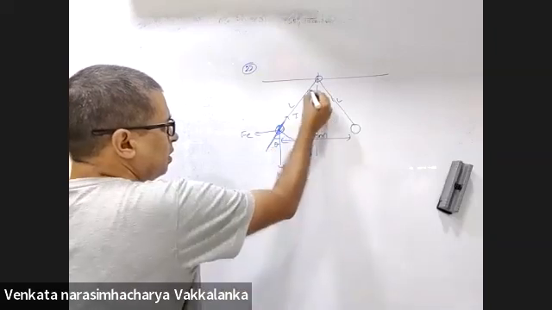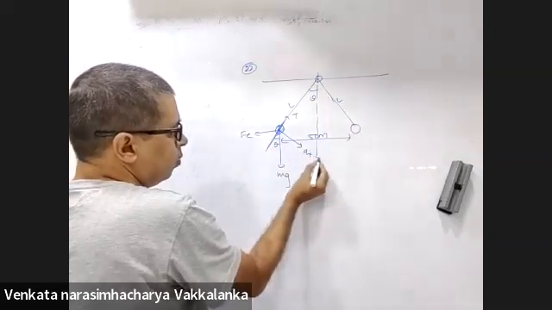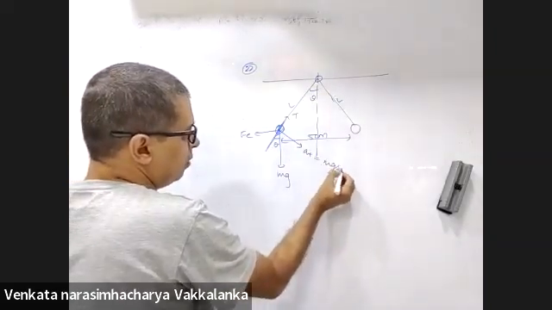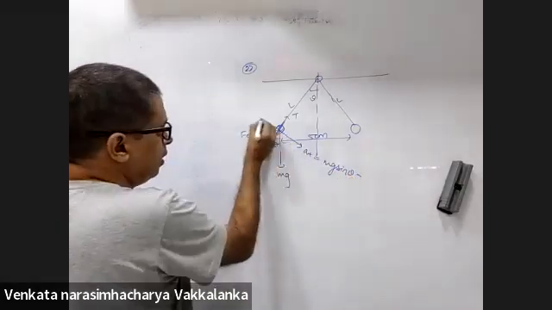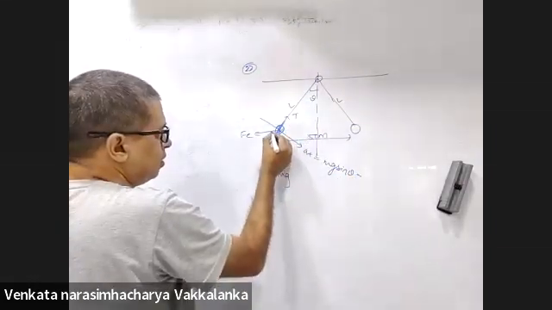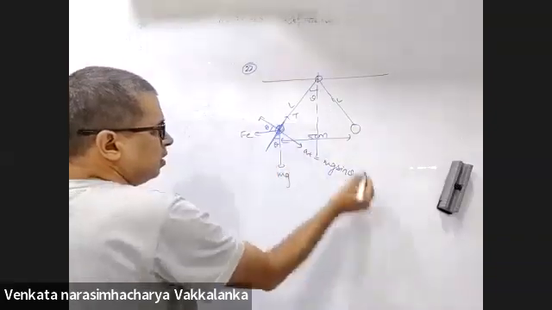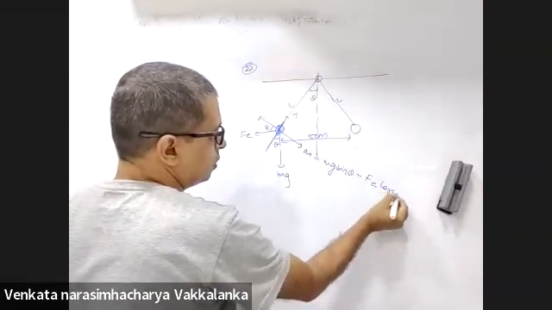So if this is theta, this is theta, only tangential acceleration will be mg sin theta minus Fe cos theta.